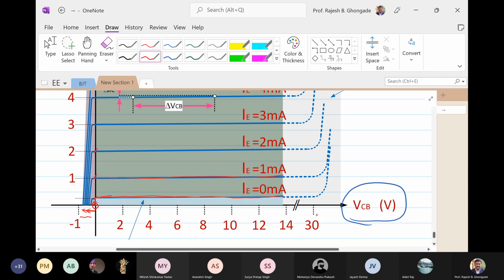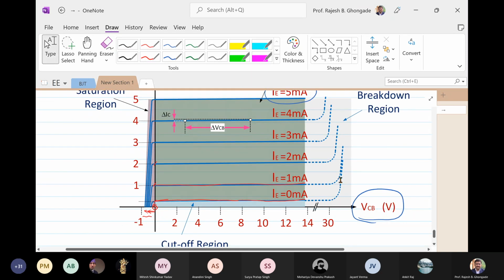ठीक है? तो एक ये पूरे ग्राफ में we see three distinct regions.